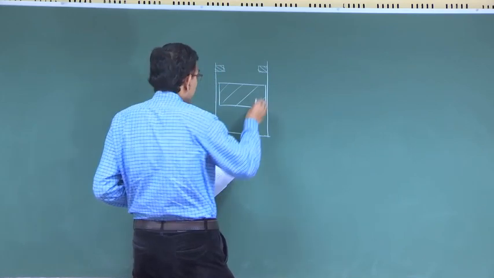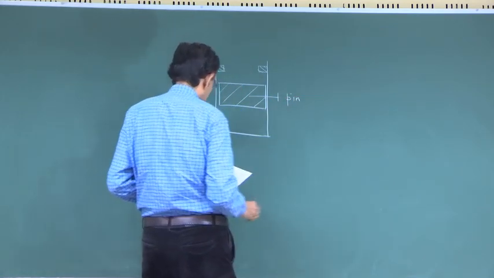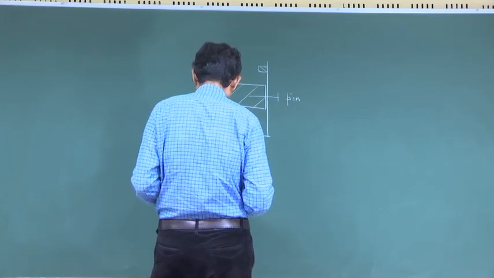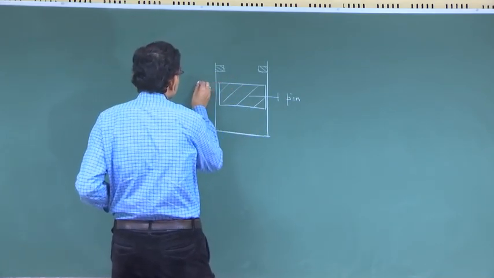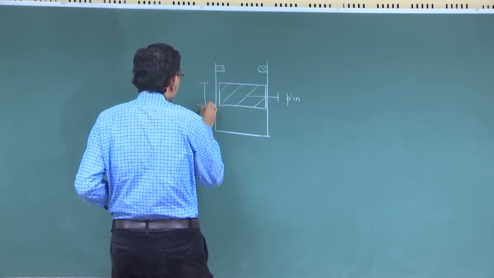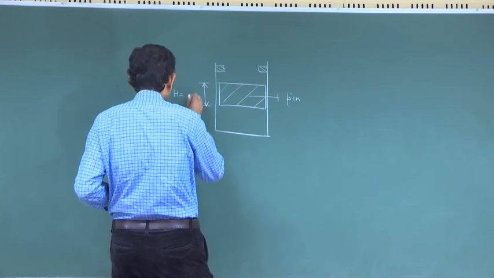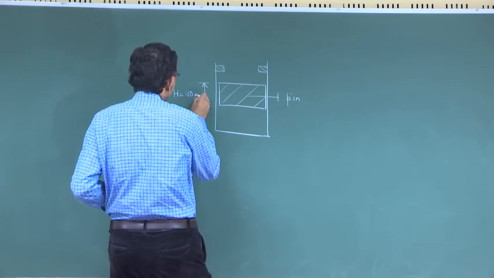So, you have a pin, this is the height of the piston, h is equal to 100 millimeter.